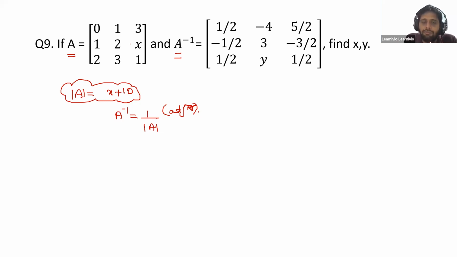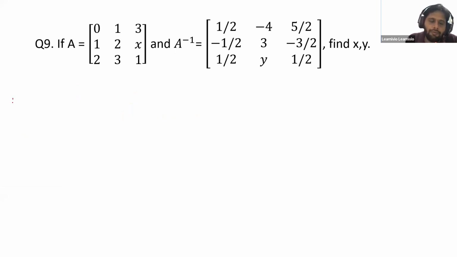So that will become more and more complicated. Always remember, if you have a variable in your matrix and they ask you to find this and there's some use of inverse, then we will not do this directly. We will use a property of the inverse. Now, what is A into A inverse, Abdul? Very good.